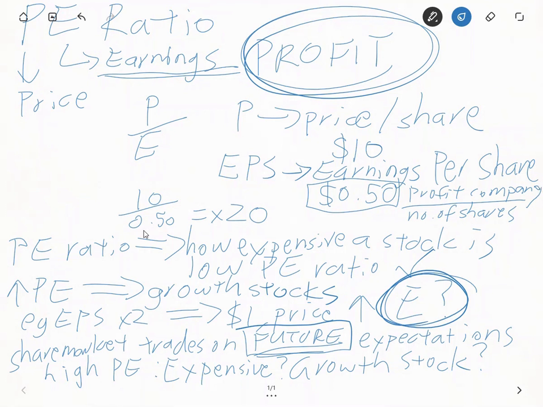So if you see a stock with a high PE ratio, what the market is saying is, we really think this company is going to grow its earnings into the future. And that is reflected in the share price now, today. And that's why I put this very key line here, which is the share market trades on future expectations.